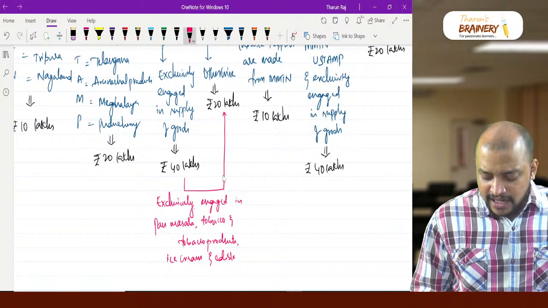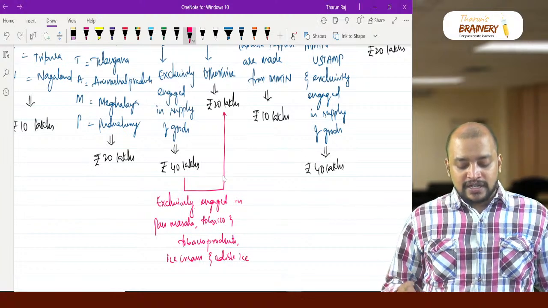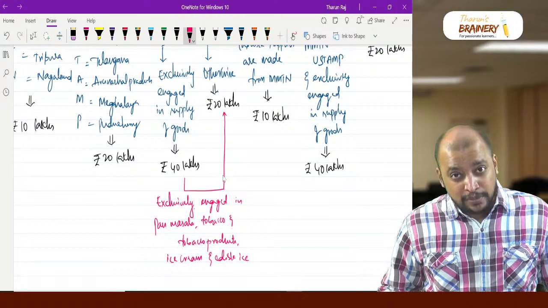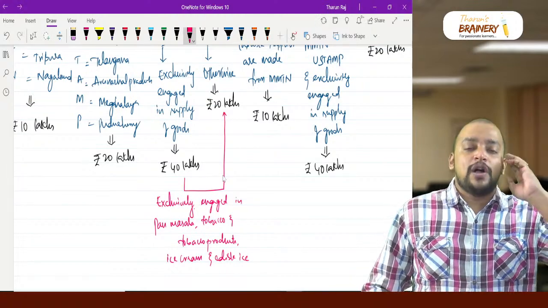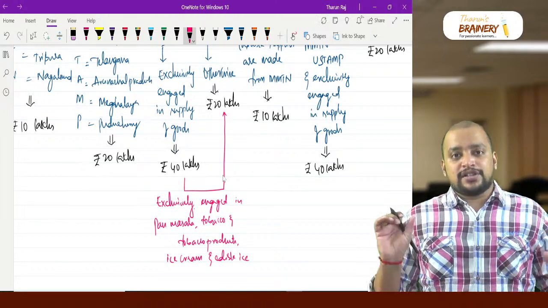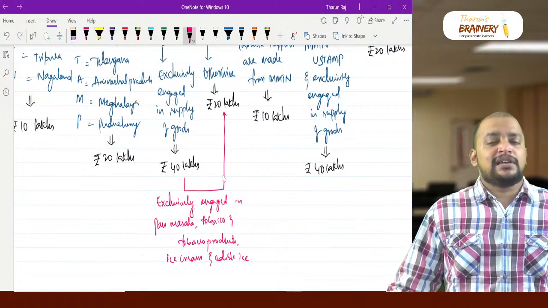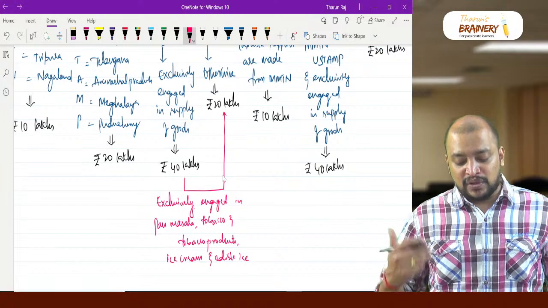Whereas in case of the composition scheme, it will be pan masala, tobacco and tobacco products, ice cream, edible ice, aerated waters. That composition scheme restriction is only for a manufacturer. But here, if you are exclusively engaged in supply of pan masala, tobacco products, ice cream, edible ice, then 40 lakhs is not applicable, it will be 20 lakhs.